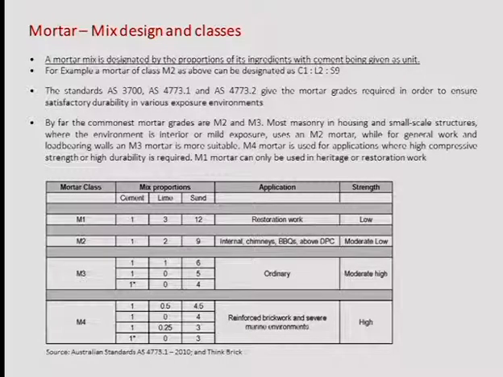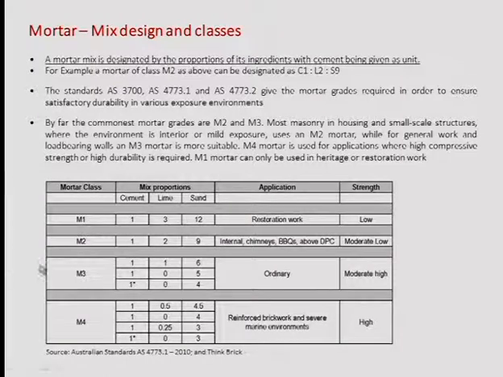That's the way you describe a mix design. You can also do that just using the initial of the ingredient. So you just say C1 together with L2, so 2 parts of lime, together with 9 parts of sand, S9. All right? So not too difficult.